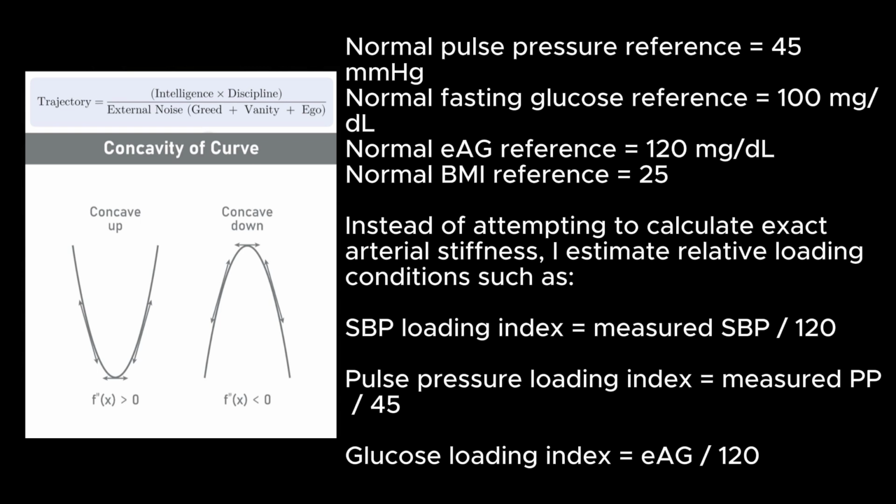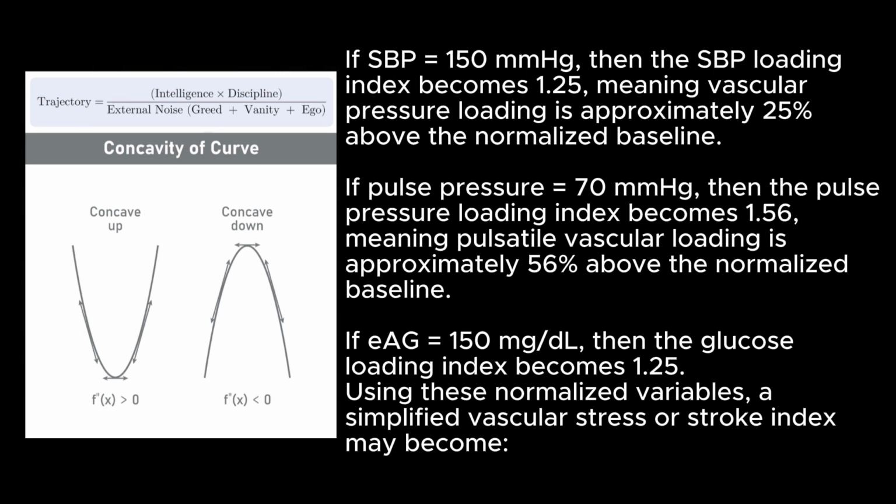Instead of attempting to calculate exact arterial stiffness, I estimate relative loading conditions, such as SBP loading index equals measured SBP over 120, pulse pressure loading index equals measured PP over 45, glucose loading index equals EG over 120. If SBP equals 150 mmHg, then the SBP loading index becomes 1.25, meaning vascular pressure loading is approximately 25% above the normalized baseline.